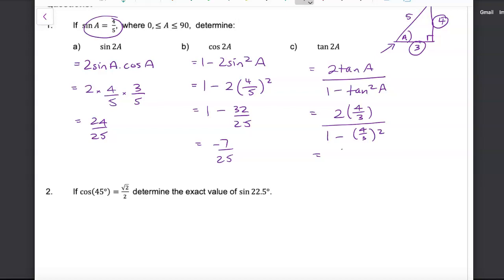So this is going to equate to 8/3 divided by 1 minus 16/9. It's going to give us -7/9. And this is going to equate to -24/7, or -3 3/7.